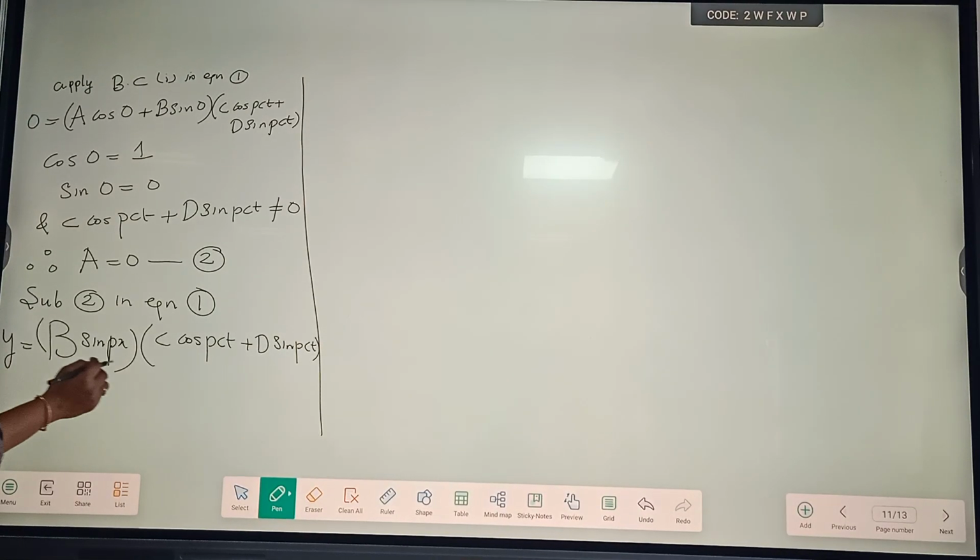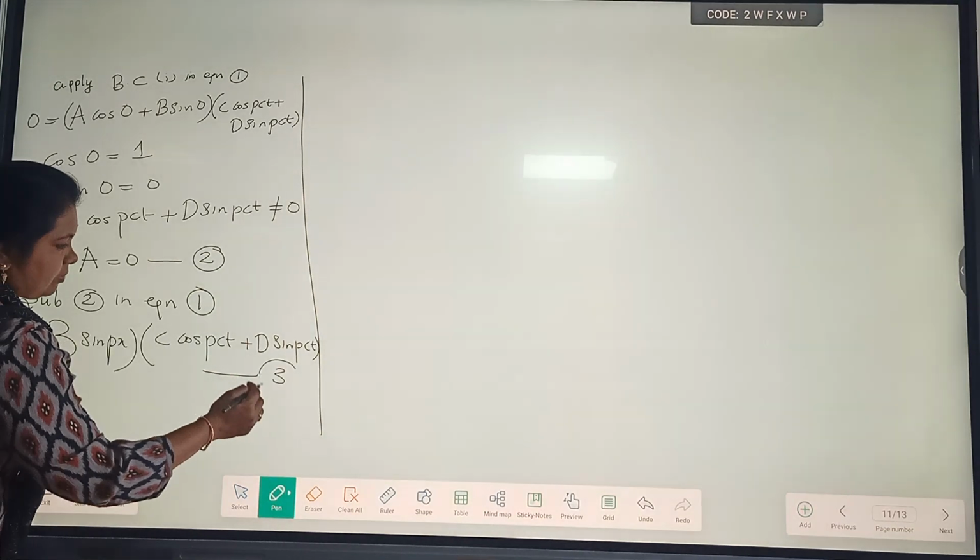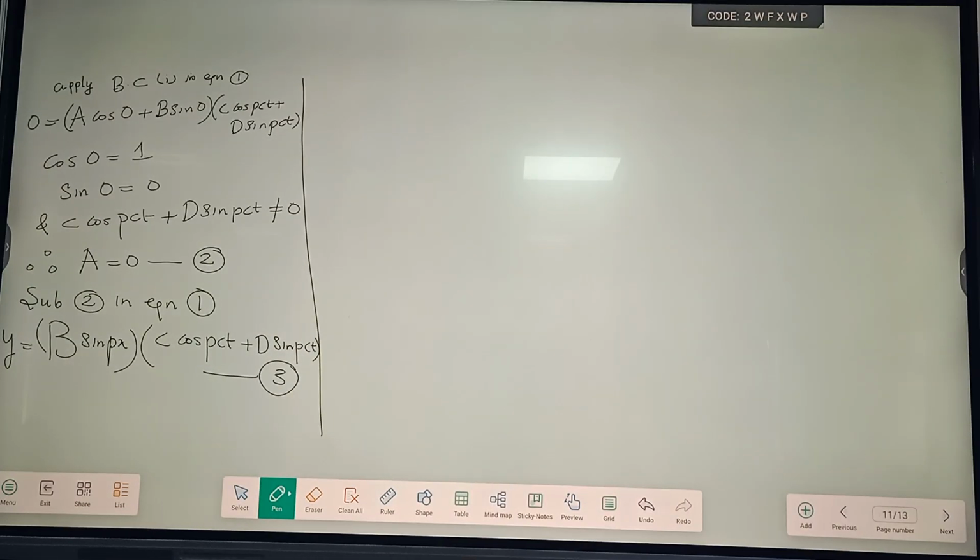Take it as equation number 3. So one constant is eliminated here.